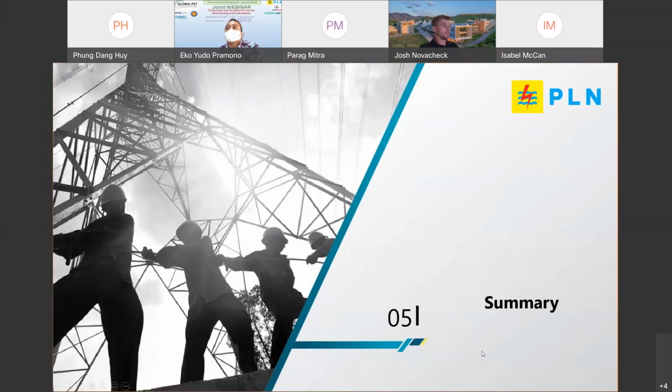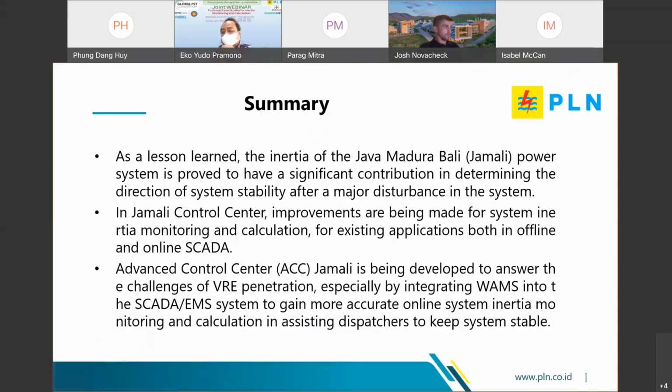This is the summary of our presentation. The lesson learned: the inertia of the Jawa Bali power system is proved to be a significant contribution in determining the direction of system stability after a major disturbance. In Jawa Bali Control Center, improvements are being made for system inertia monitoring and calculation, for existing applications both offline and online SCADA.